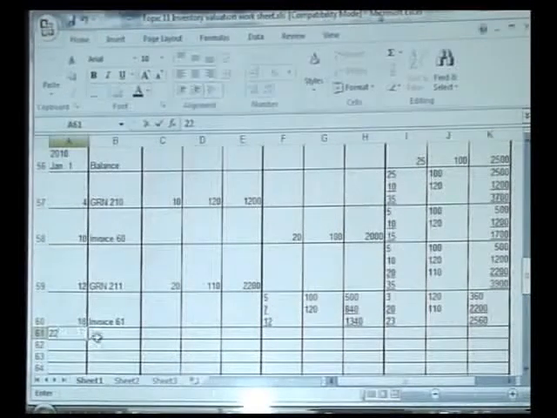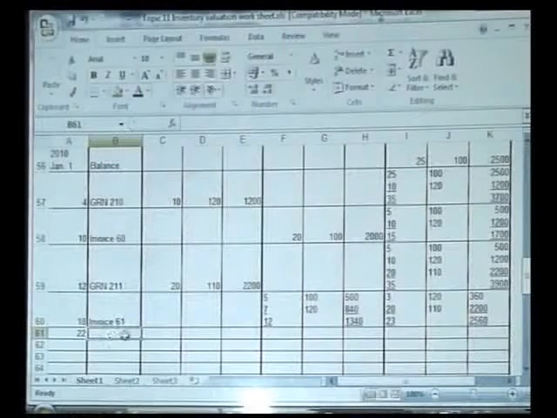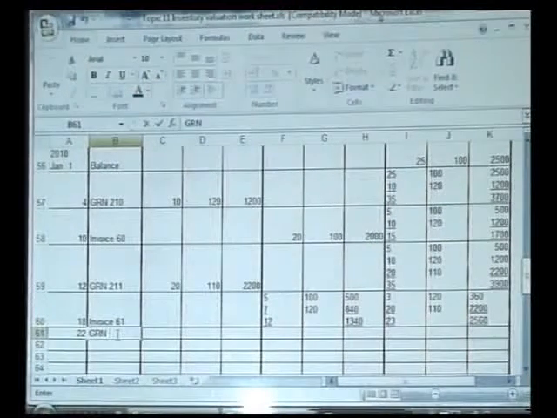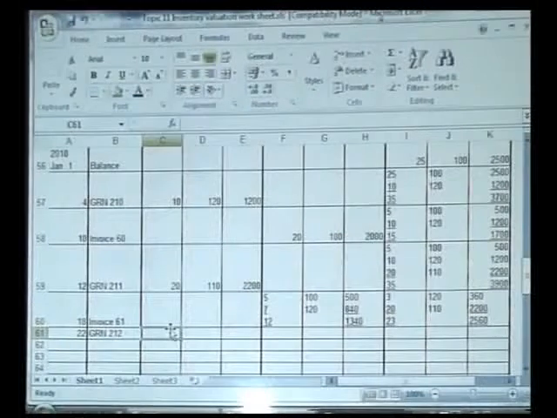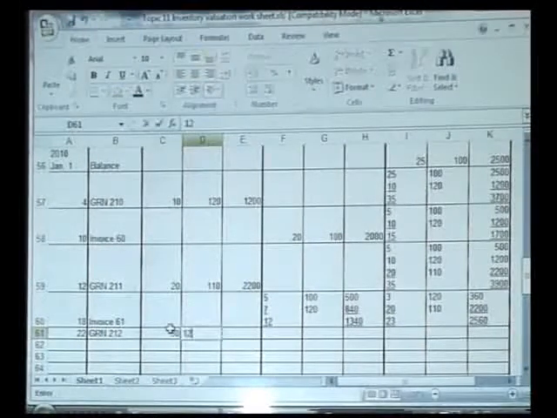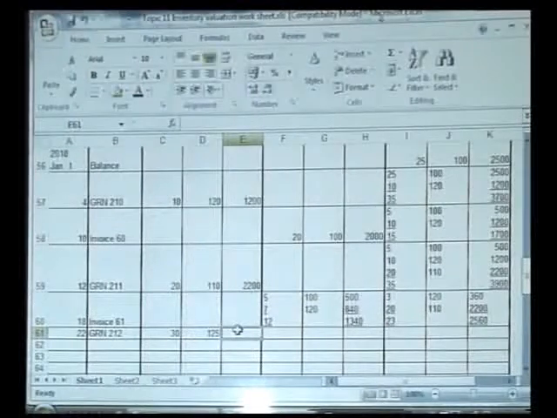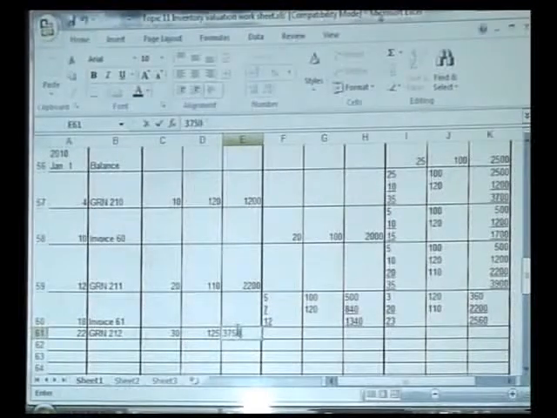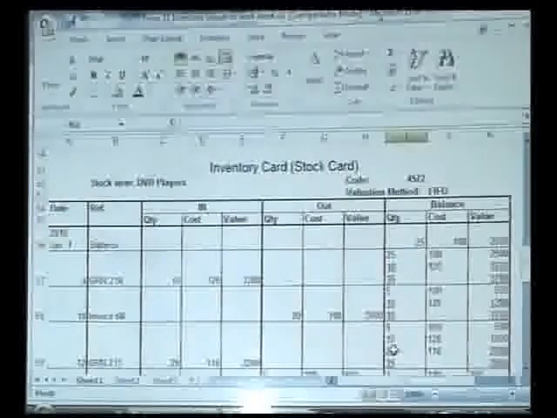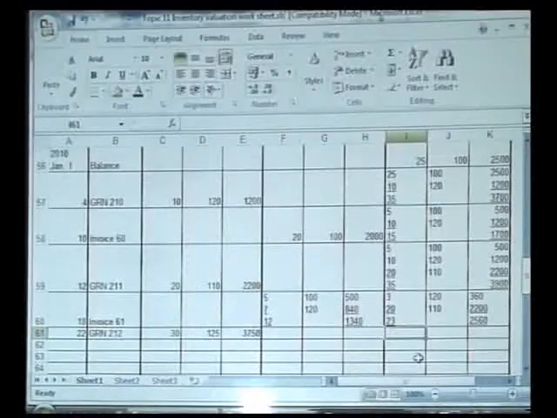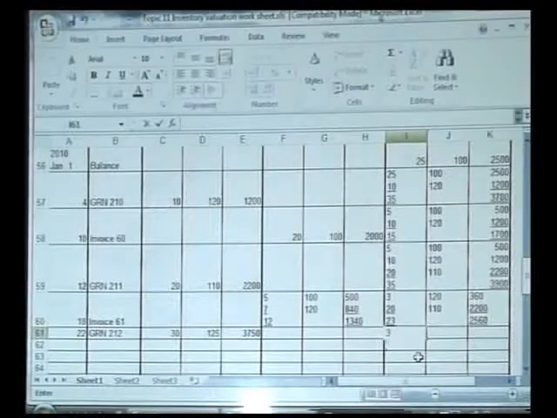On 22nd, purchase 30 units, GRN number 212, 30 units at 125, then the value is 3750. Now move on to the stock column or the balance column. 3 units unsold, 20 units unsold, and the new stock is added.